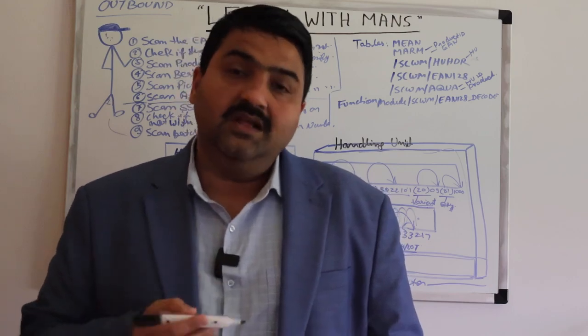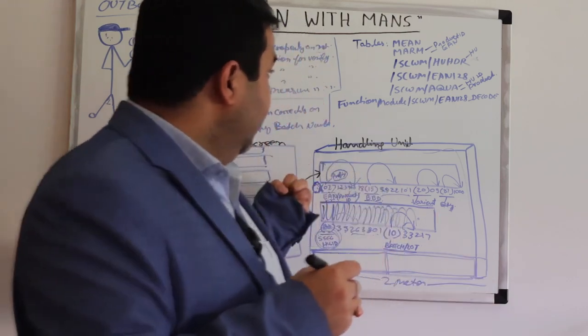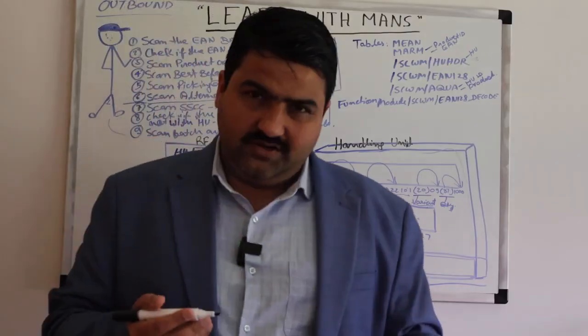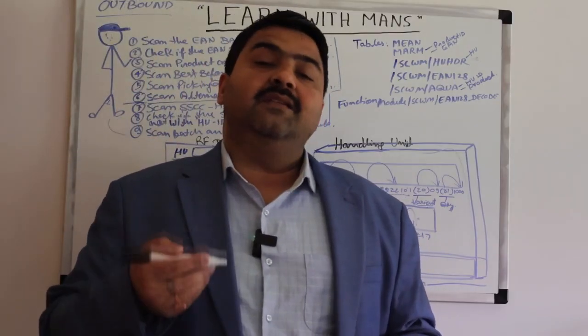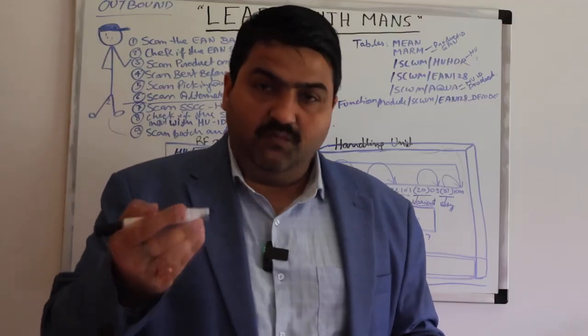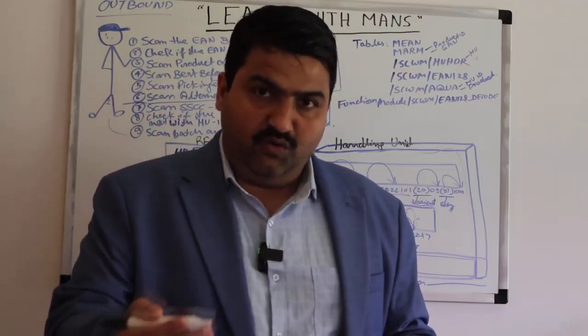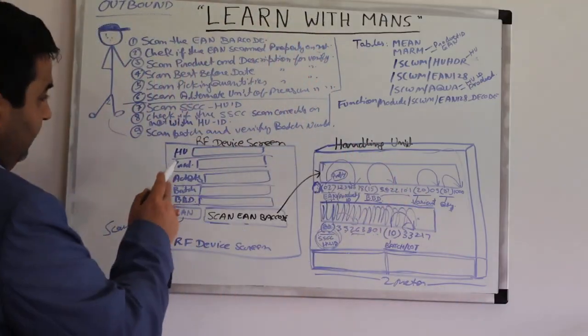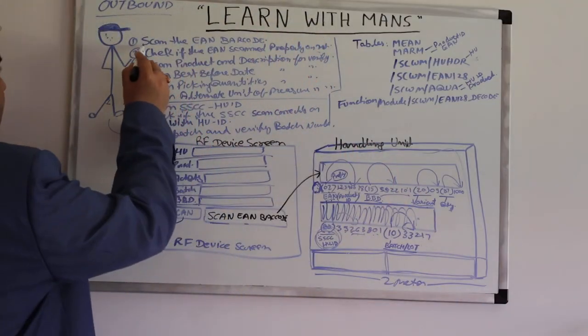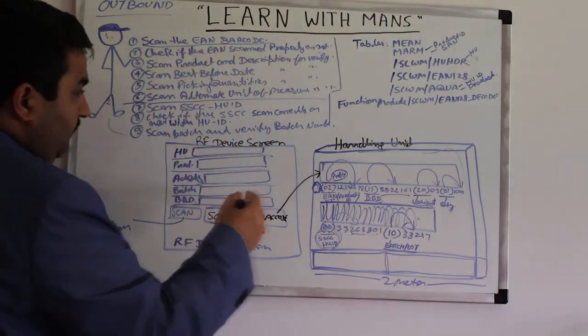This is the process. So before picking this handling unit, how the warehouse workers will verify, and step by step what procedure they will follow, which I am going to show you here. First, the warehouse workers scan the EAN barcode, right?